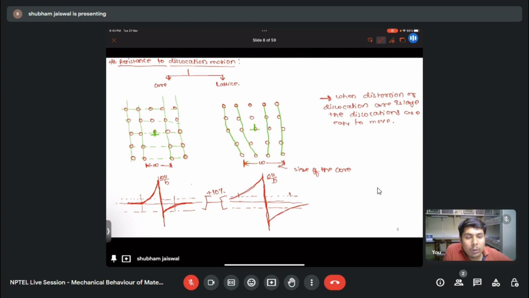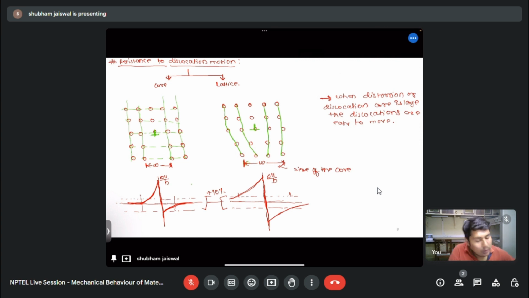Till now we have been talking about the width of the dislocation core. So what is the width of the dislocation core? It is the distance over which the displacement of atoms is large enough that we cannot apply linear elastic theory.